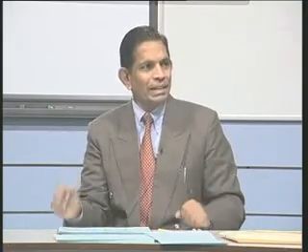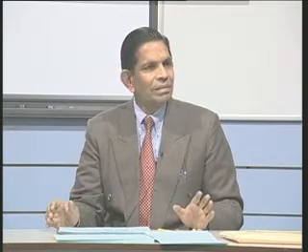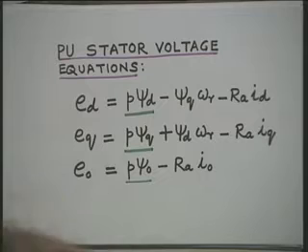Now, if we ignore the transmission network transients, can we consider the stator transients, because they are part of the same circuit? Therefore, if you consider the stator transients, it becomes inconsistent, and therefore, for all system stability studies, this assumption is made.